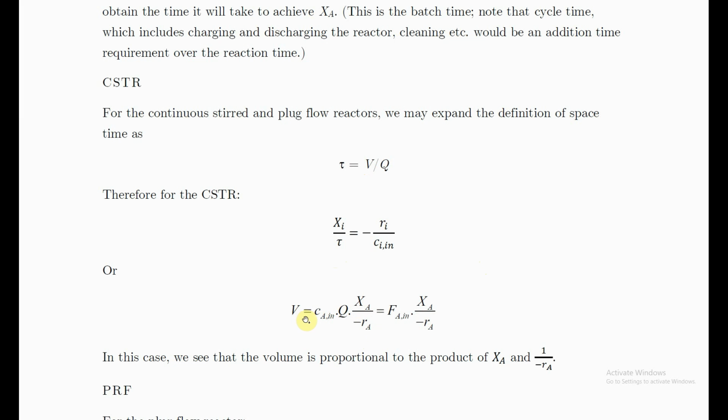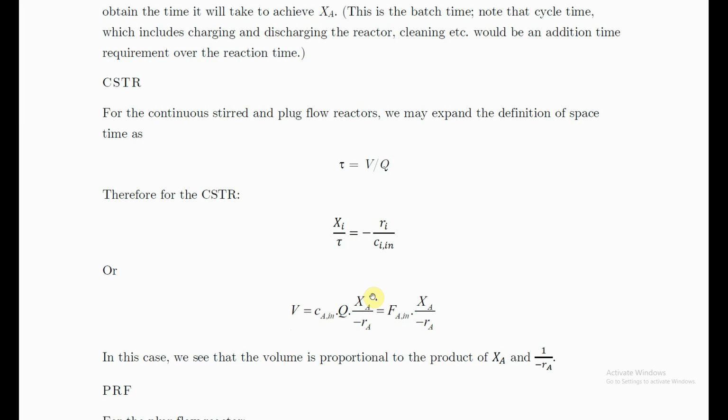Again, it's telling us if we want to convert a certain initial concentration by an amount XA, and if that's the volumetric flow rate, and if that's the reaction rate, then that's the volume that we need that CSTR to be. That's how big that reactor needs to be in order to accomplish this conversion.